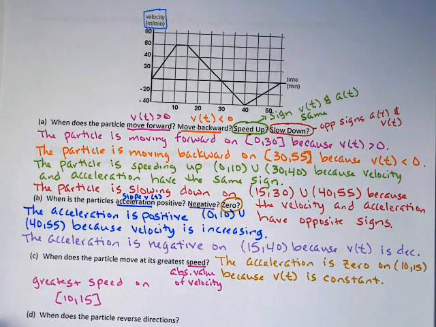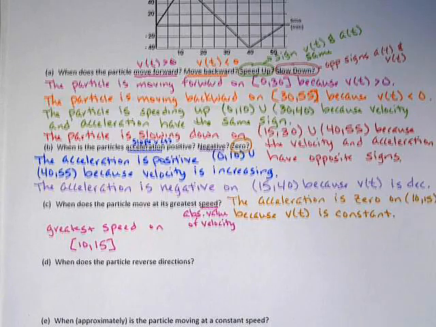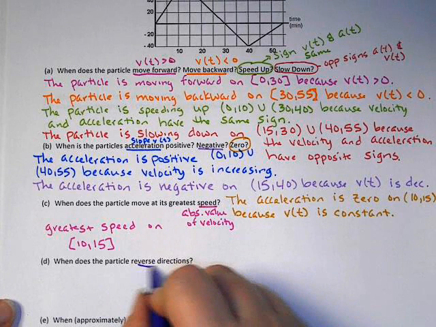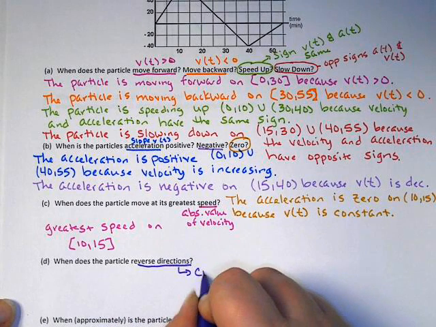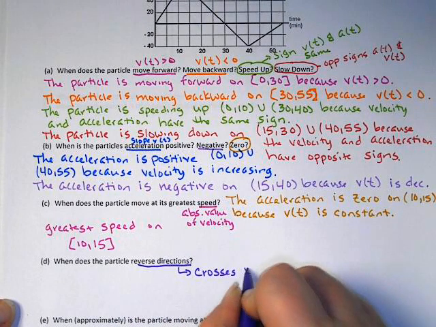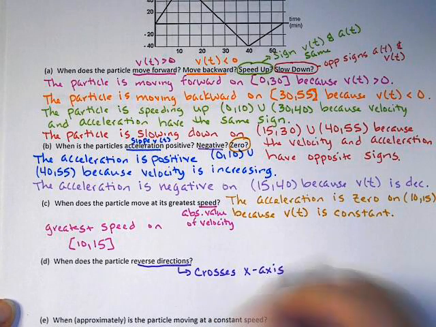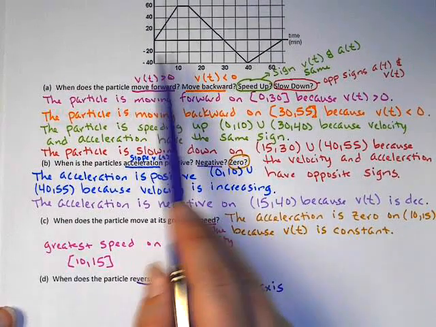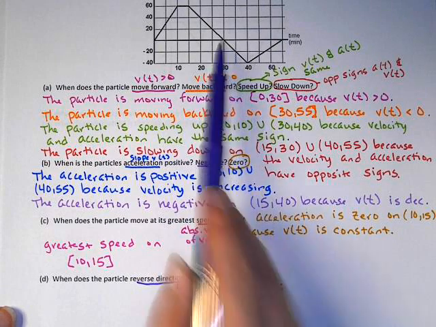And we're not going to worry about justifying that one. When does the particle reverse directions? Well, it reverses directions anytime it crosses the x-axis. So when we look at our graph here, the only place it crosses the x-axis is at 30.